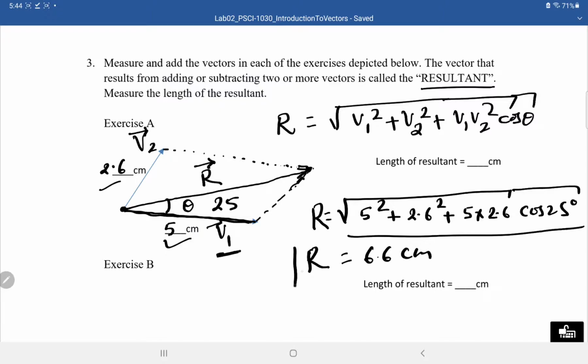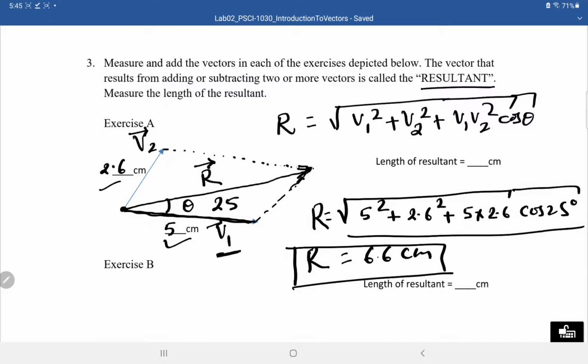If you look at this answer, it looks reasonable, right? If you add two vectors of values 5 and 2.6 pointing in different directions, as shown in this first figure, the resultant vector should be around this value. This is 5 and this is 2.6.